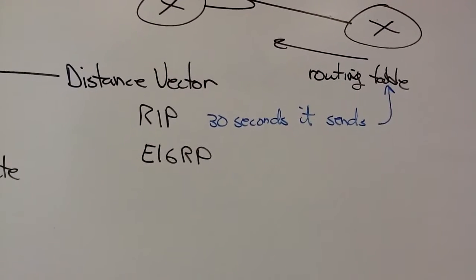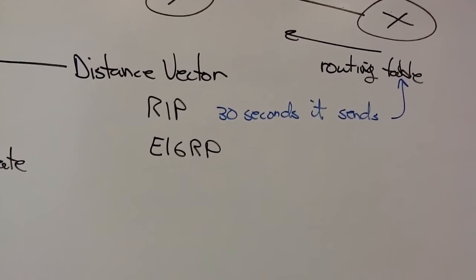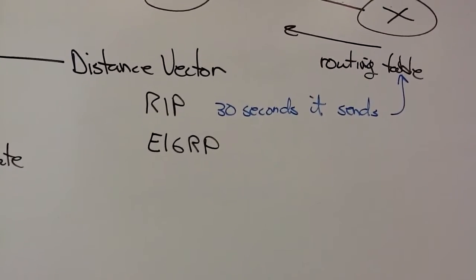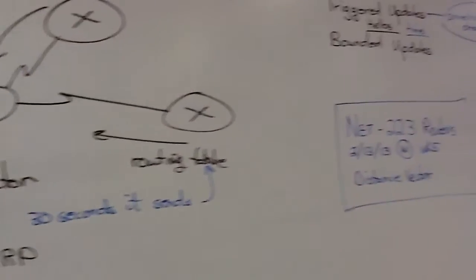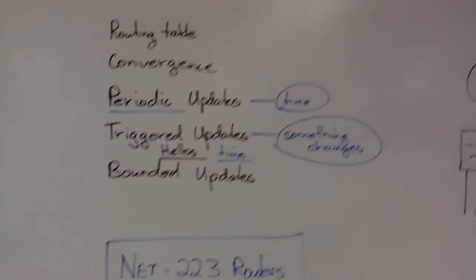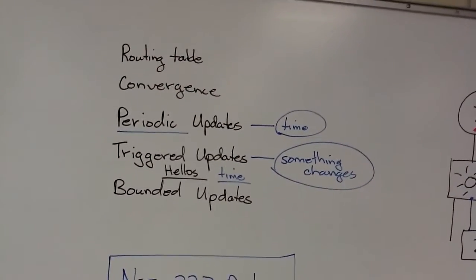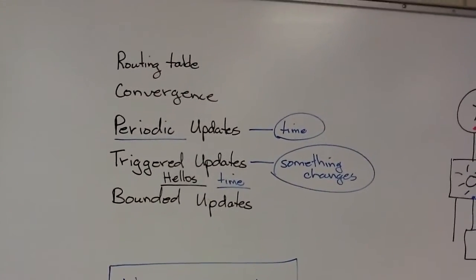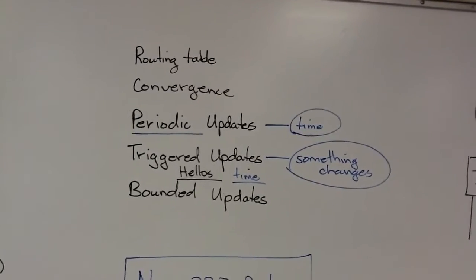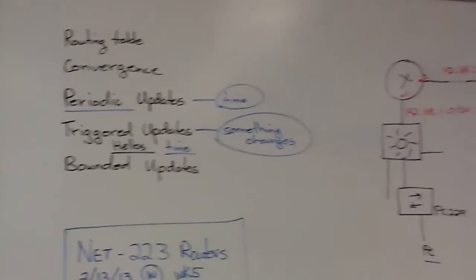EIGRP can use triggered updates and send bounded updates. So it's much more efficient in the use, but it's a more complex routing protocol. Remember, complexity is not necessarily good, depending on the situation.